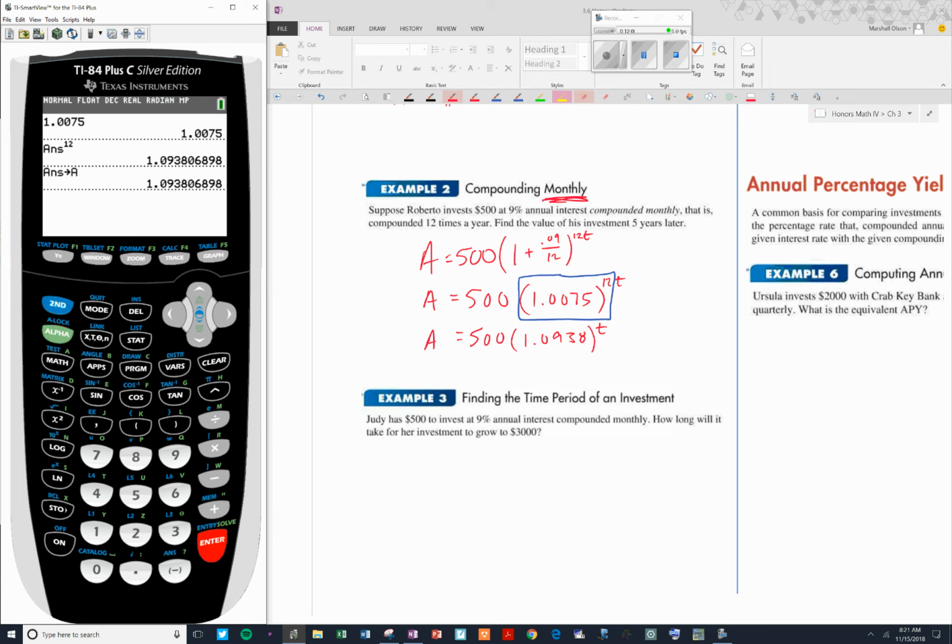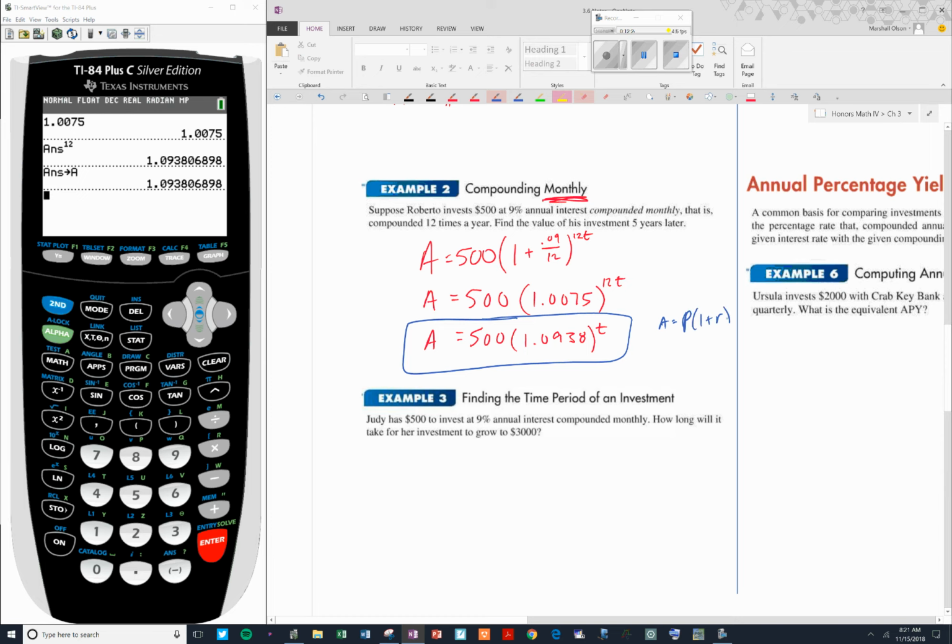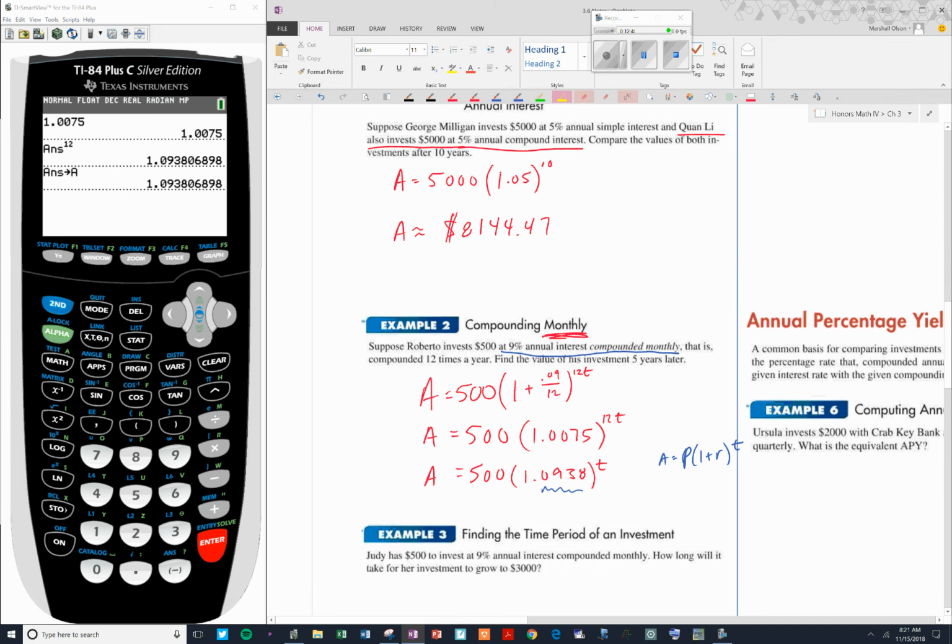So I've stored that base as A. The reason I found this is that what I want you to notice is this is basically in the form that our annual compounded percentage would be. In other words, this percentage here, 0.0938 or 9.4%, is what our 9% compounded monthly is equivalent to. So 9% compounded monthly is about 9.4% compounded annually.